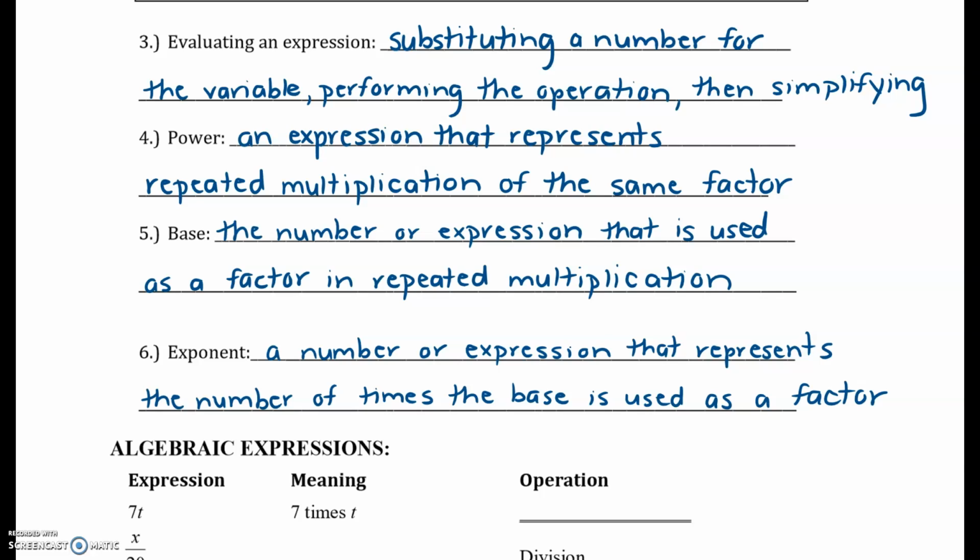There's a base number, which is the number or expression that is used as a factor in repeated multiplication. So something like the number 2, this would be considered our base. And then if it's raised to the 4th power, this is the number that represents the amount of times the base is used as a factor. So this piece is known as our exponent.